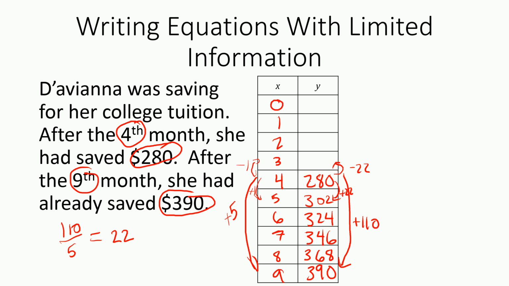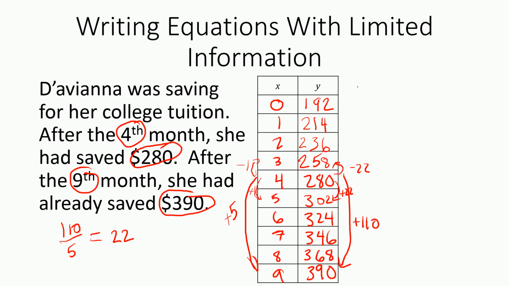So 280 minus 22 is 258, and then minus 22 again would be 236, minus 22 again, 214, and then minus 22 one more time would be 192. So she started with 192 and then added 22 each month.